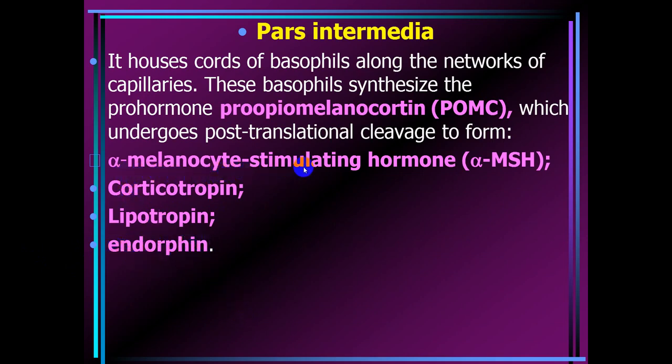Alpha melanocyte stimulating hormone stimulates the activity of the pigment cells, melanocytes, in the place of its allocation. It means this hormone controls the pigmentation of our skin, the color of our eyes, hair, and some other regions.